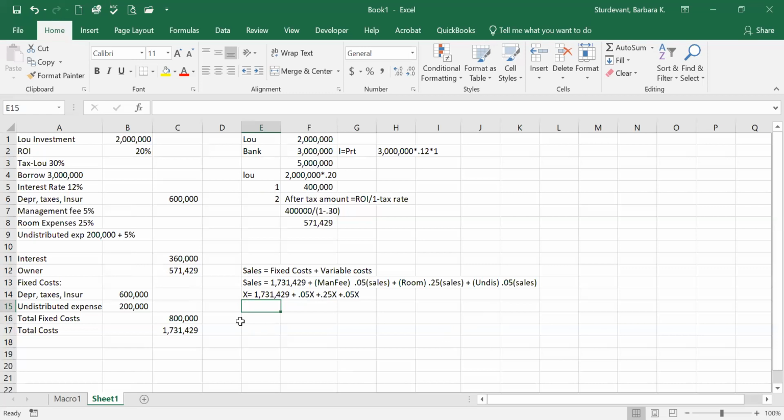So we're going to work this out because I know how much you love algebra. So your first step is to combine the x's. And so what you would do is just add all your x's. So we're going to end up with 0.35x after we add all the x's together.